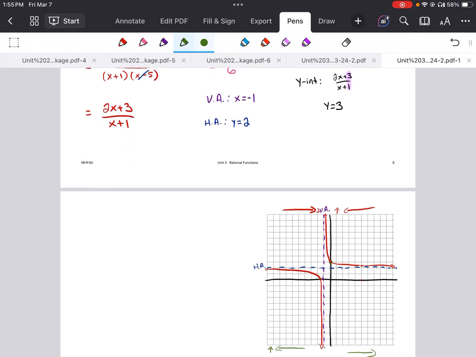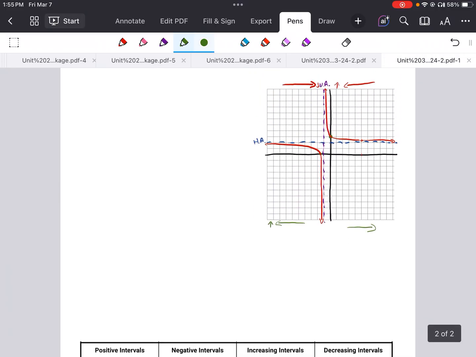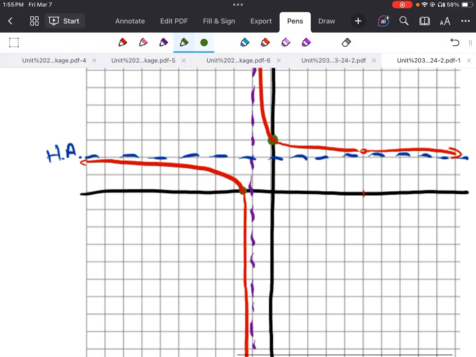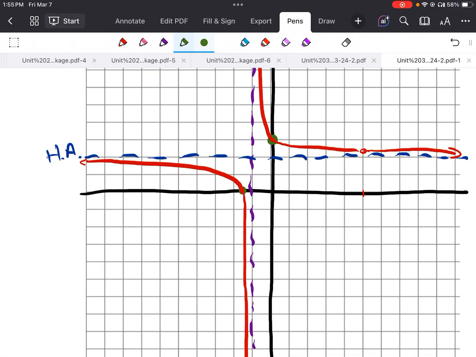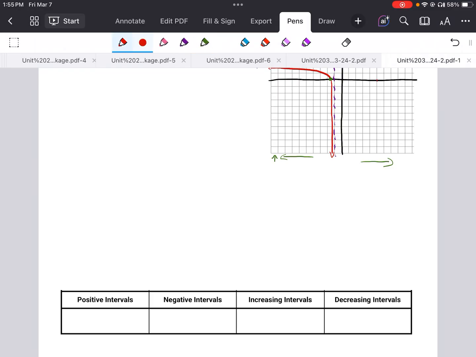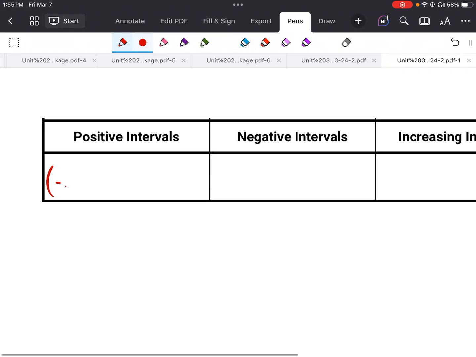Okay, last thing we need here are the positive intervals. So starting left to right, we can see that it's positive all the way from negative infinity until we get to this x-intercept. Okay, so it's positive from negative infinity to our x-intercept at negative 3 over 2.